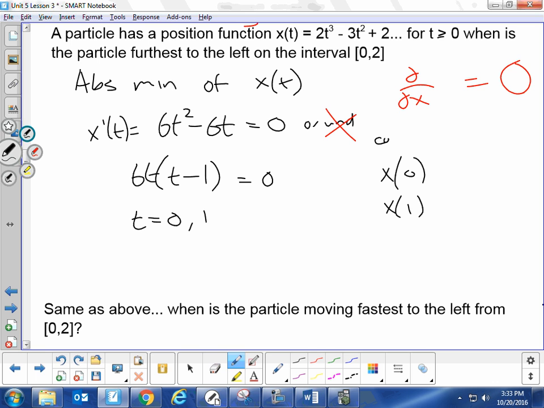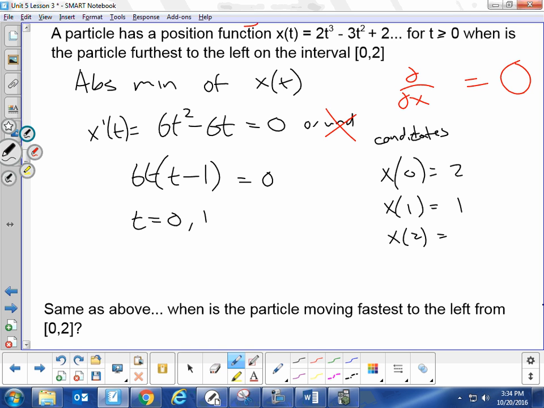This is candidates. I get 0, 2. I get 1, which is 2 minus 3. So that's negative 1 plus 2. That's 1.